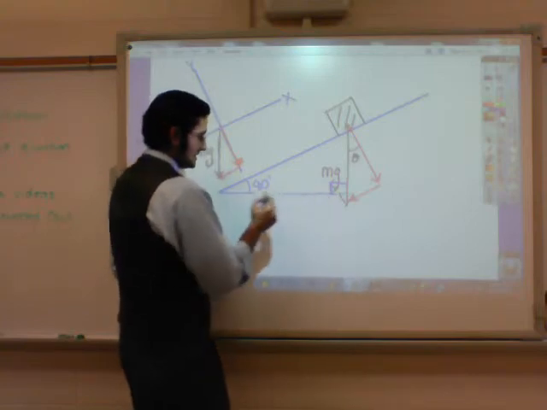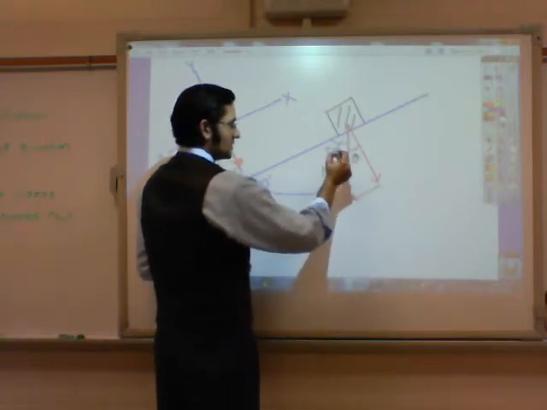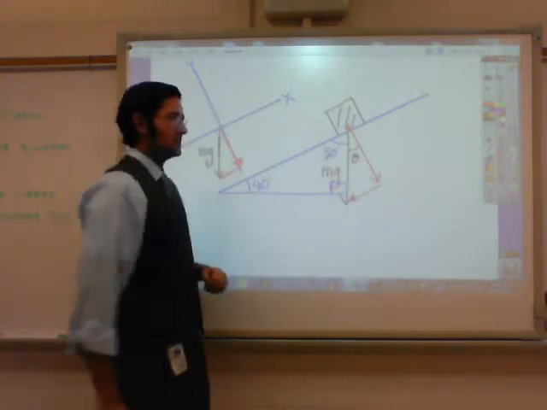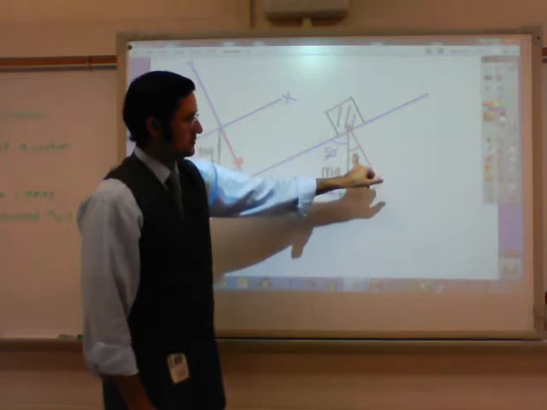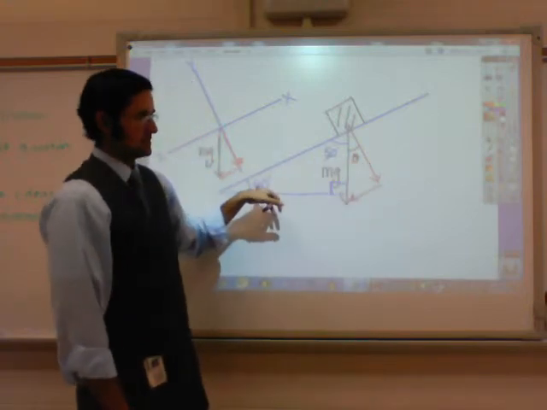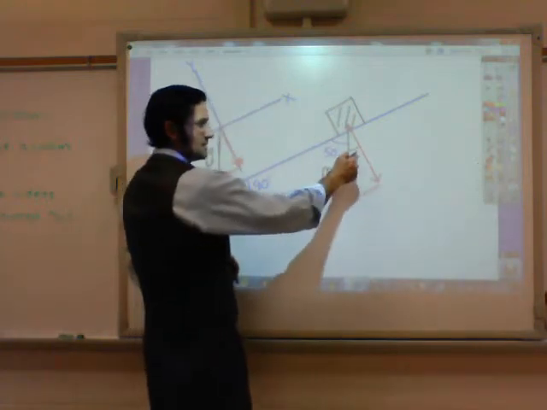If this is 40, this is 90, then this is 50, because all three have to add up to be 180 degrees. And if this is 50, then this is 40 degrees, which is the same as this. So I'm just trying to prove to you that this theta is the same as this theta.